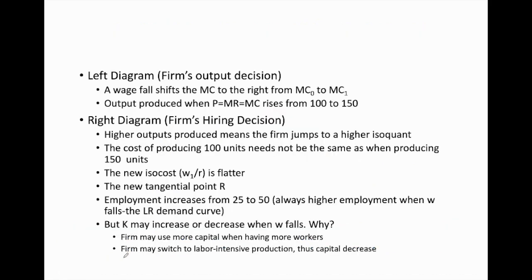So what we can say from that observation is as follows. Given the reduction in the wage rate, we find that employment would increase from 25 to 50. However, what about capital? Capital may increase or decrease when there is a change in the wage rate.